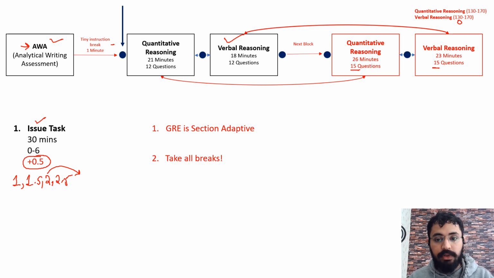And then again you would have a break between the two sections in the second block. Basically, whenever one section ends, you have a 1-minute break that I strongly recommend you to take. And then ultimately your test would end, which is going to take a total of around 1 hour 58 minutes approximately.